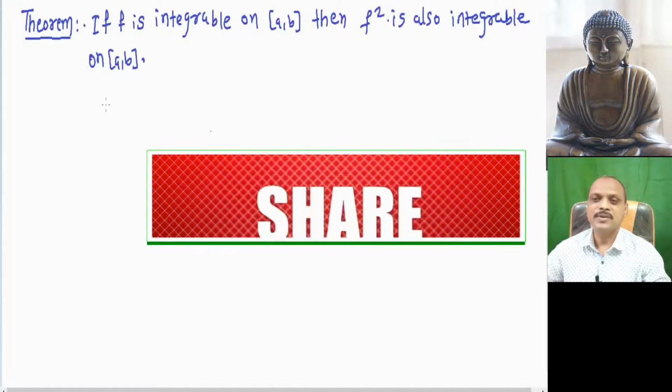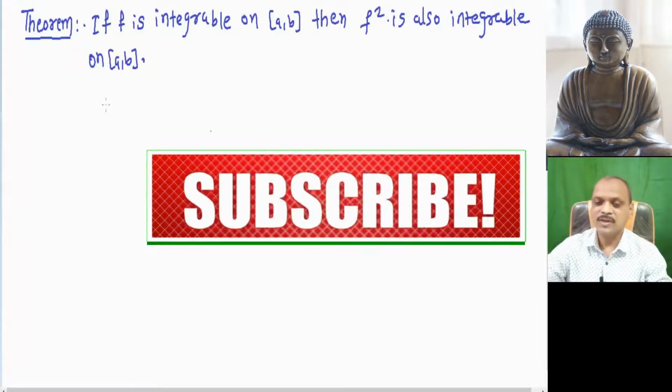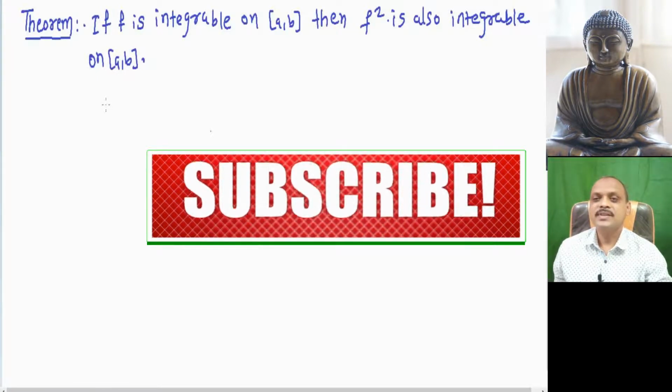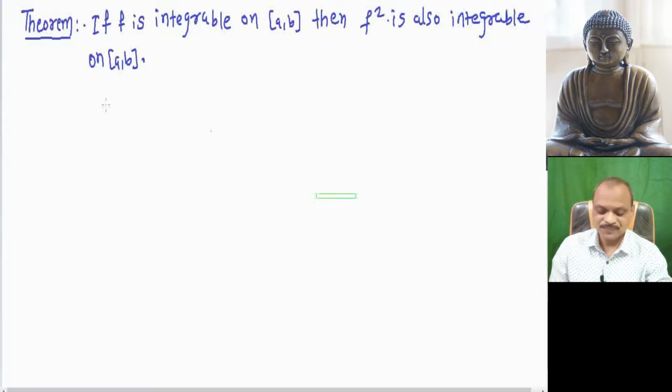If f is integrable on the closed interval a comma b, then f square is also integrable. As f is integrable, it is a bounded function. Since f is bounded, mod f is also bounded. We have proved one theorem.